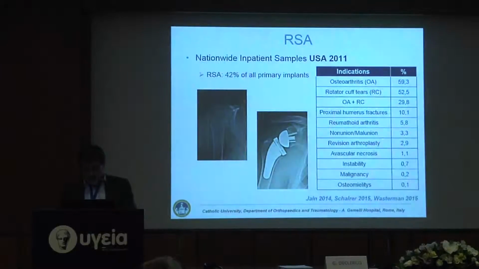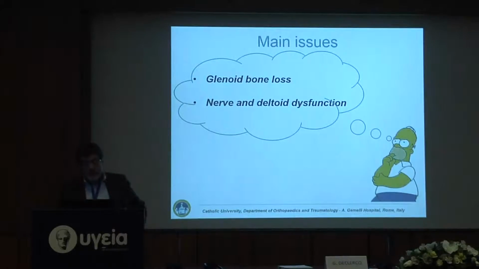such as sequelae of fractures, primary treatment of humeral head fractures, shoulder instability, as you can see here, or revision surgery, of course. So the main issues today with this dramatic increase in the number of implants are strictly related to difficulties in surgical strategy, and this is mostly related to glenoid bone loss.